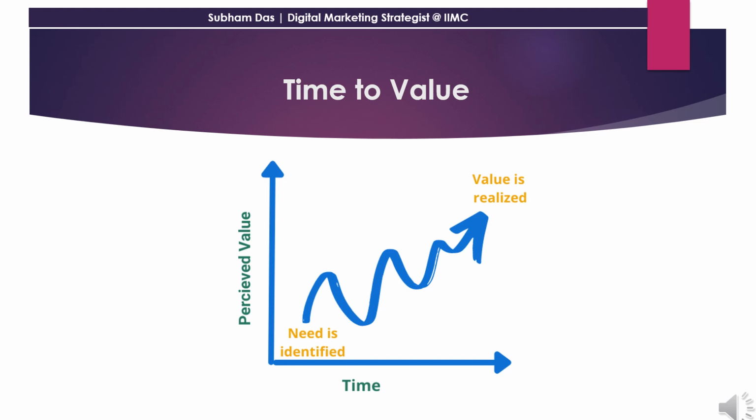Now, in between, you do some kind of inbound marketing. Via inbound marketing, via your blogs or via the content, social media, email, you actually educate the customers on how to satisfy their needs. That is how you increase the time to value.